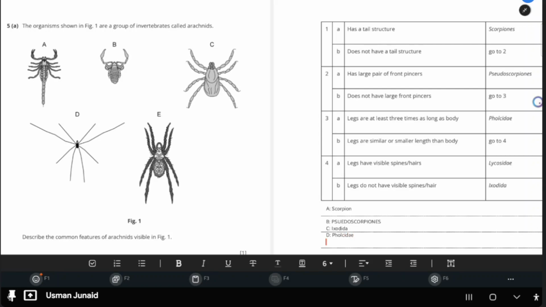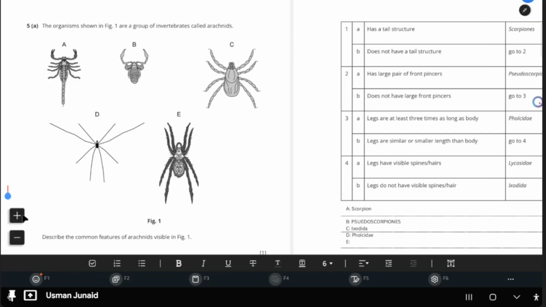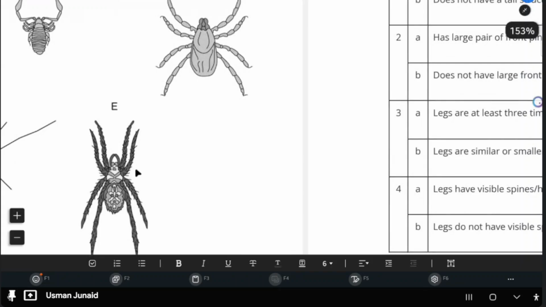Right? Now looking at E. Does it have a tail? No. Does it have a pair of front pincers? No. Does it have a leg size which is 3 times greater than the body? No. Does it have large visible spines and hairs? Let's see. Can you appreciate spines and hairs?